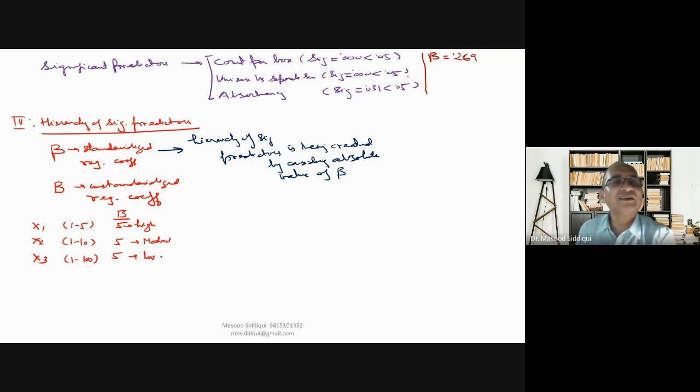The second one is unisex versus separate sex, so its beta value is 0.362. And beta value of absorbency is 0.204.